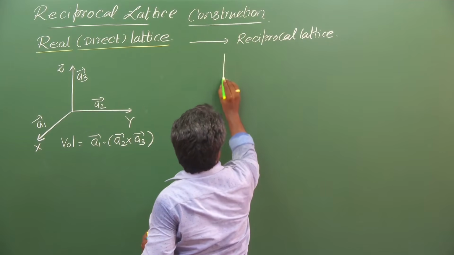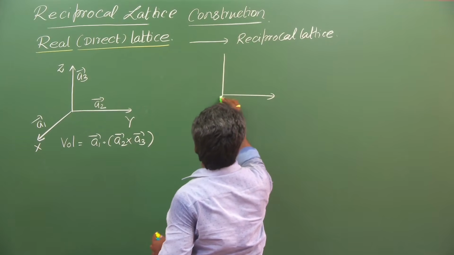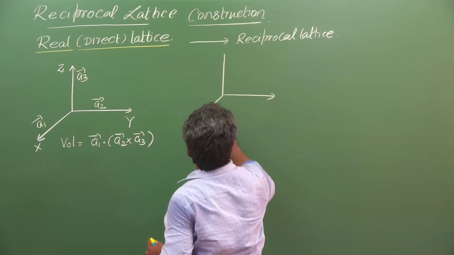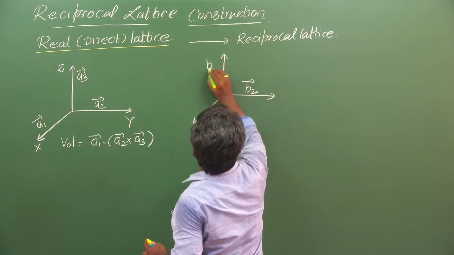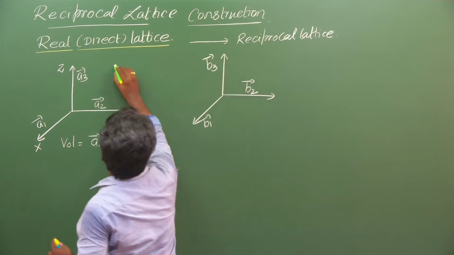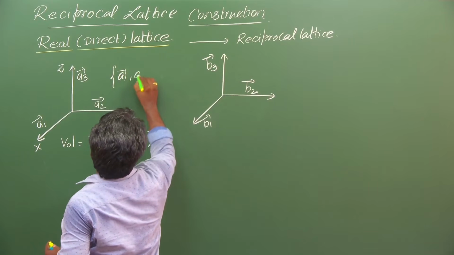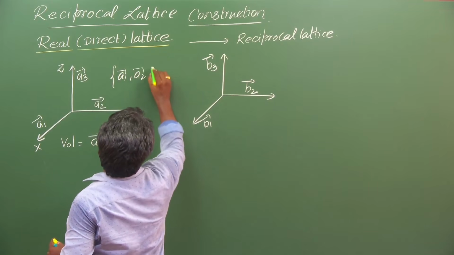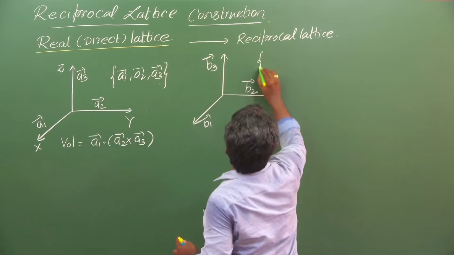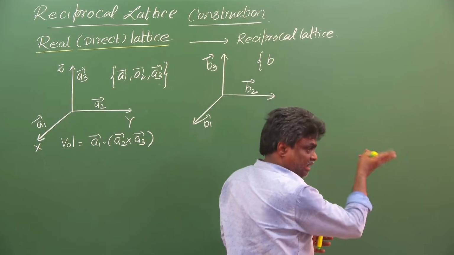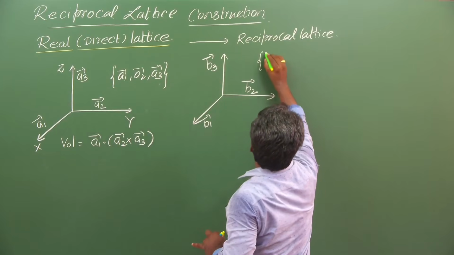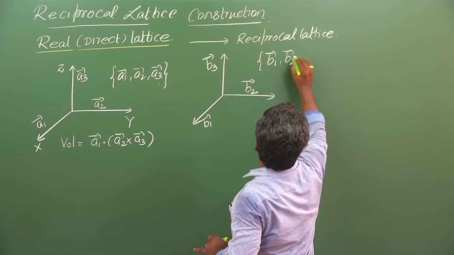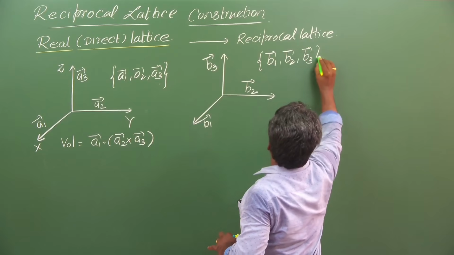So here also we have the corresponding primitive vectors: B1 bar, B2 bar, and B3 bar, corresponding to the set A1, A2, A3.